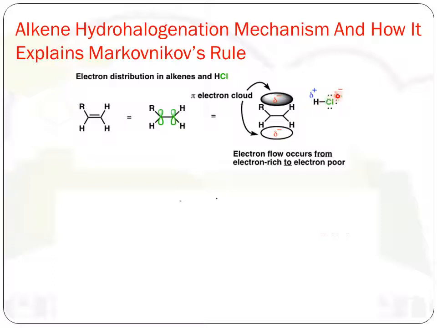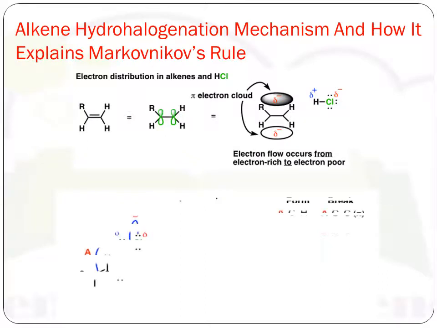Hence, it becomes delta negative and this hydrogen is delta positive. This is the charge distribution in HCl. One more thing to remember is that electron flow always occurs from an electron-rich species to an electron-poor species. Here, this is the electron cloud, so it is electron rich, and this H plus is the electron-poor species.